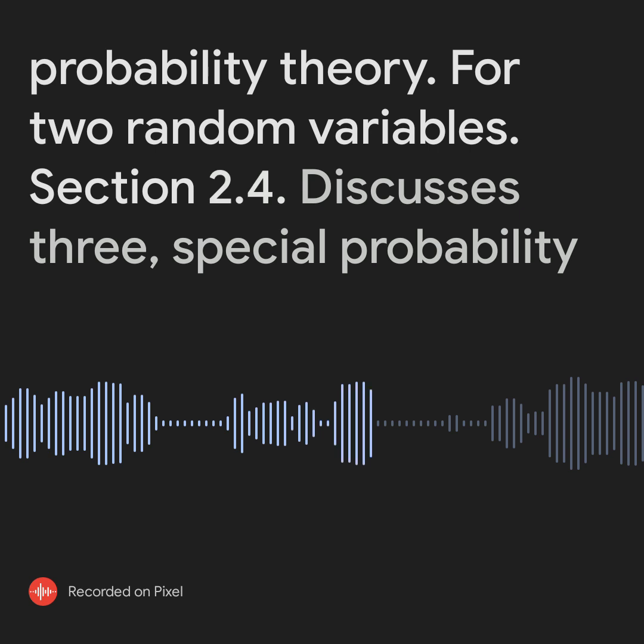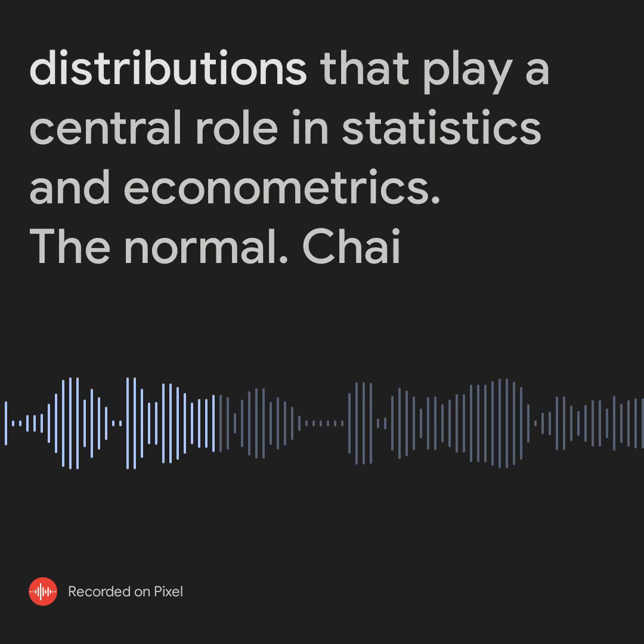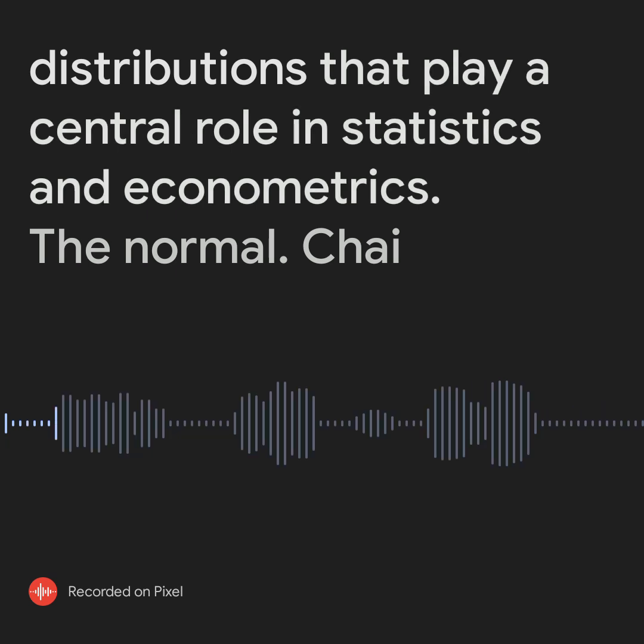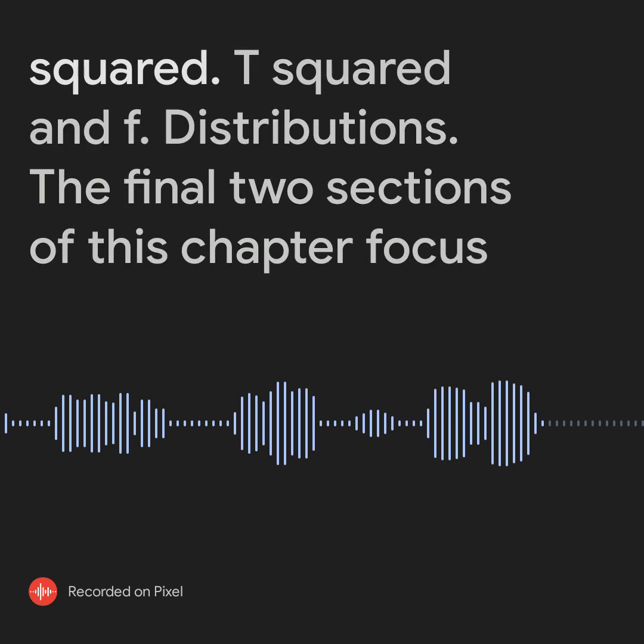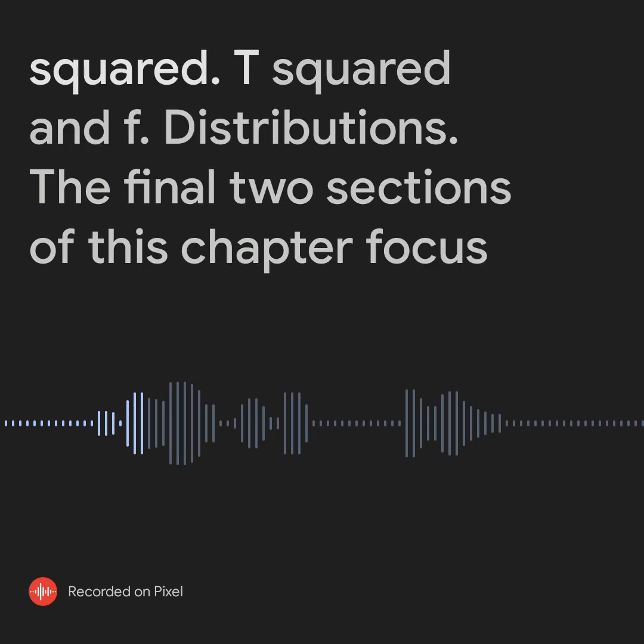Section 2.4 discusses three special probability distributions that play a central role in statistics and econometrics: the normal, chi-squared, and F distributions.